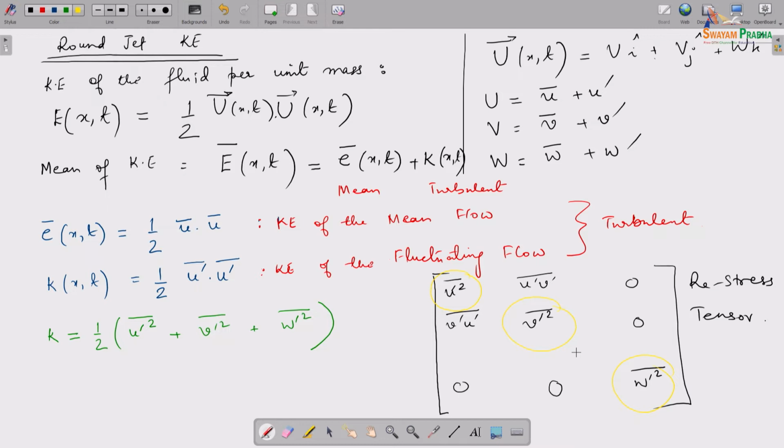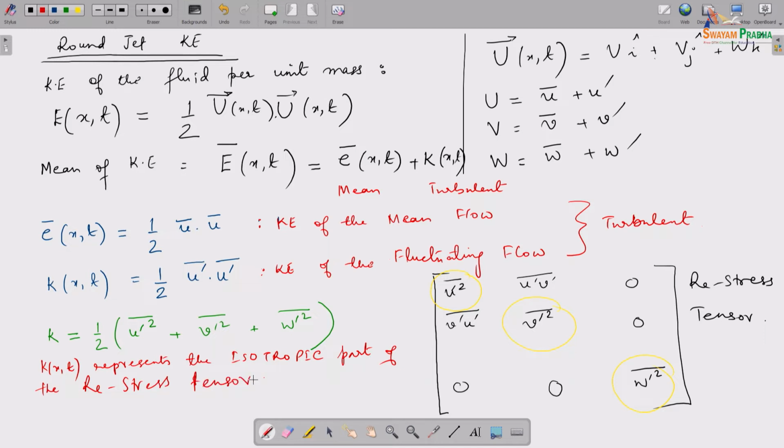So therefore I can basically say that this K represents the isotropic part of the Reynolds stress tensor.